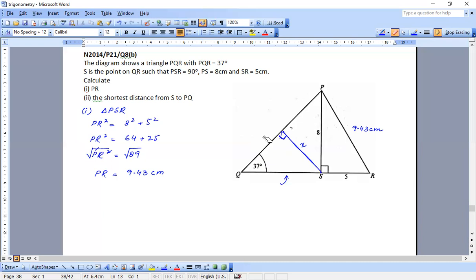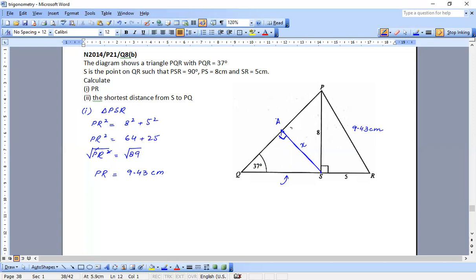Finding out the length of QP will not help, because if I calculate the length from Q to P, then I do not know how much is the length from Q to, let's say this point is A. As I mentioned earlier, please do not take these two halves to be equal to one another. So even if I calculate P to Q, I'll not be able to figure out the length of QA. So the only option that I have left is finding out the length of QS.